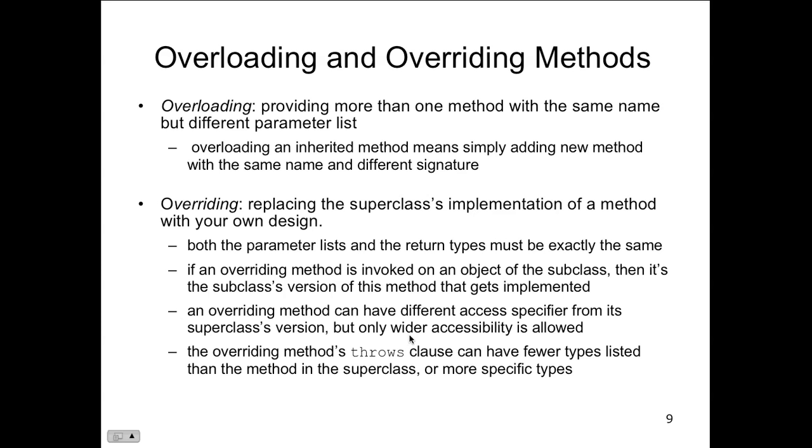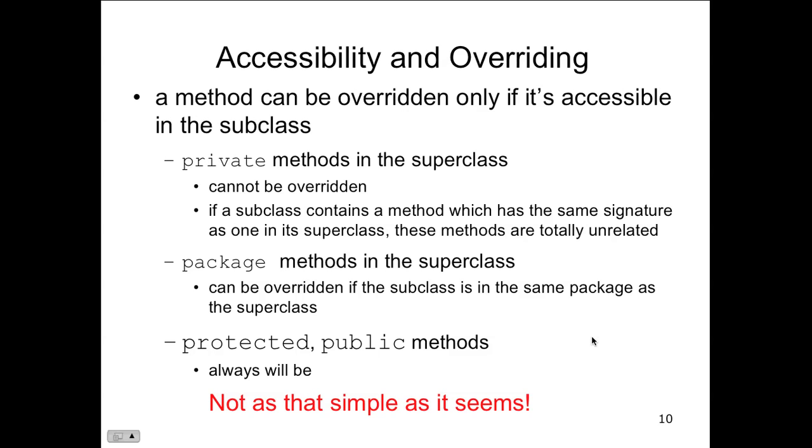Protected is what you're looking at in terms of that. The overridden method's throws clause, and we haven't had a lecture on that, probably not till the next class meeting, on exception handling, where we have a throws clause that throws an exception. In that particular case, the throws clause can have fewer types listed than the method in the superclass, or more specific types. The throws clause can vary. It doesn't have to be identical. So it can definitely be altered.